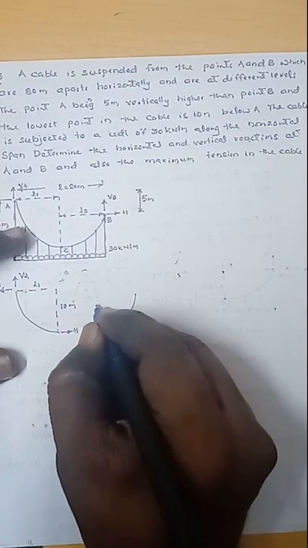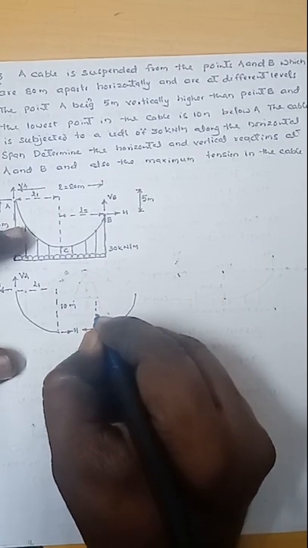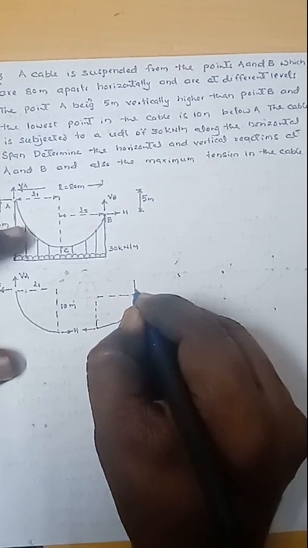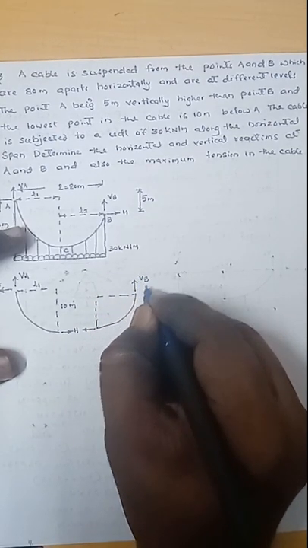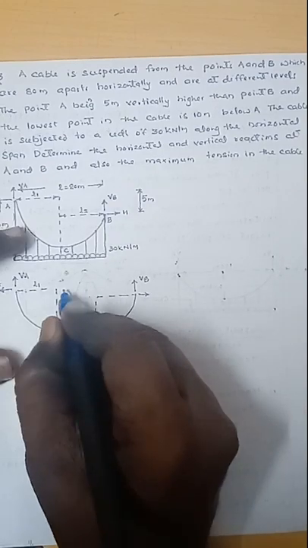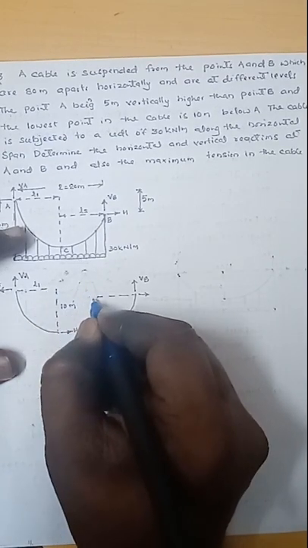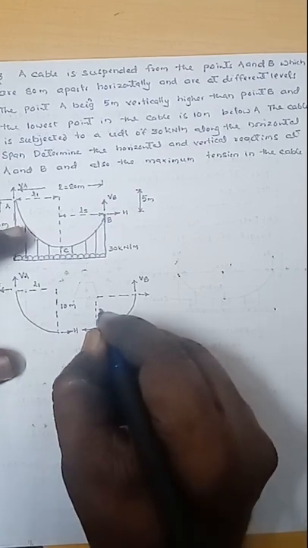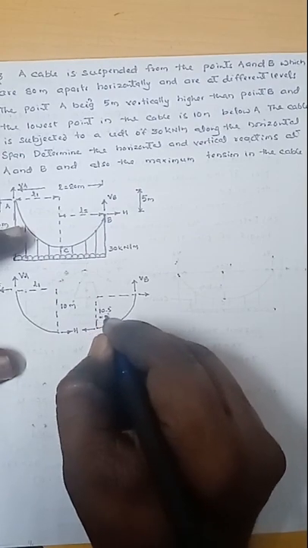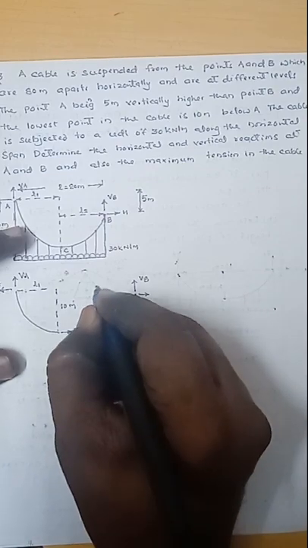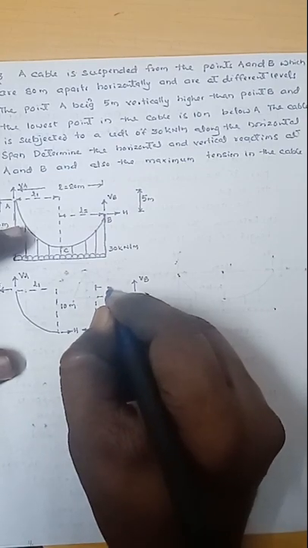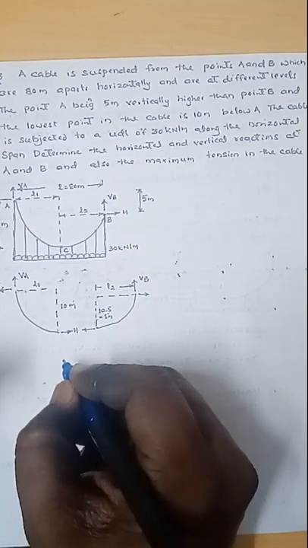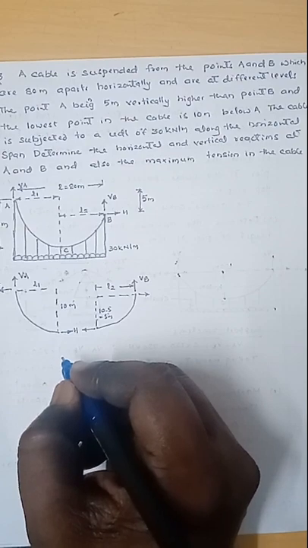Similarly in this, this one is VB and this one is H. Here the height between A and B is 5 meter. Then this one is 10 minus 5, that is 5 meters. This height is 5 meter. This distance is L2. Here now we have drawn the free body diagram.